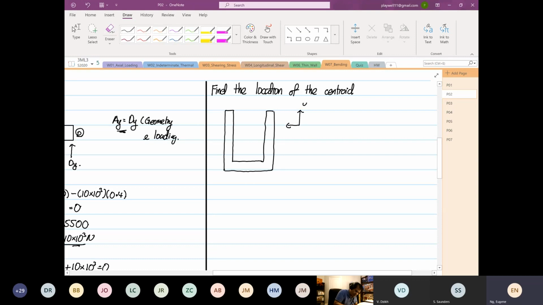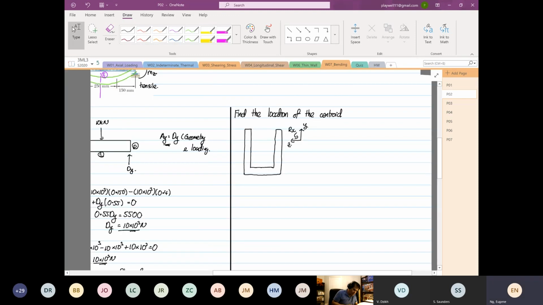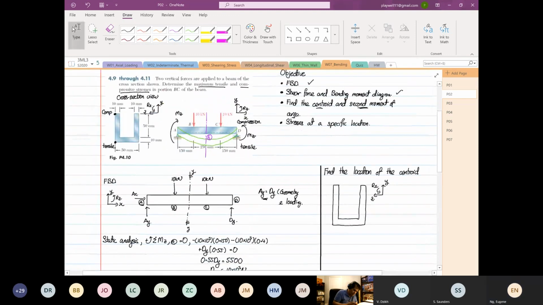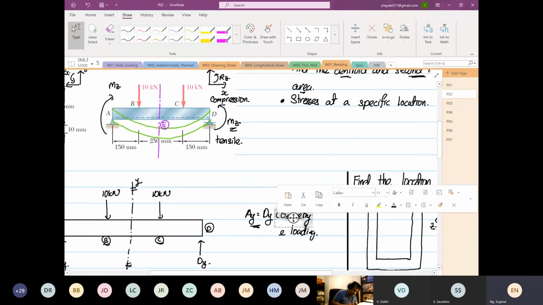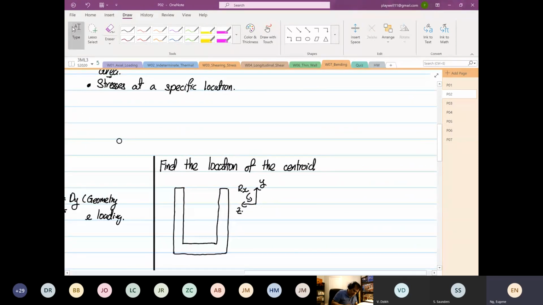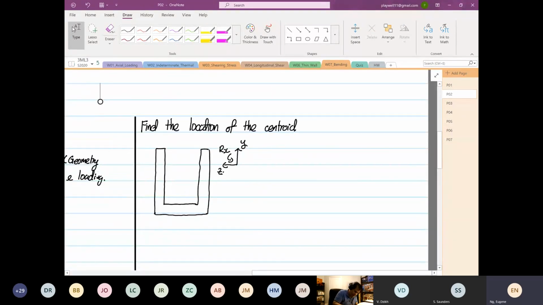So this is your Y, this is your Z, rotation about X. We know that for our case the moment is about the Z-axis. So we want to find the centroid, and later we want to find IZZ, because the moment is rotating about the Z-axis.